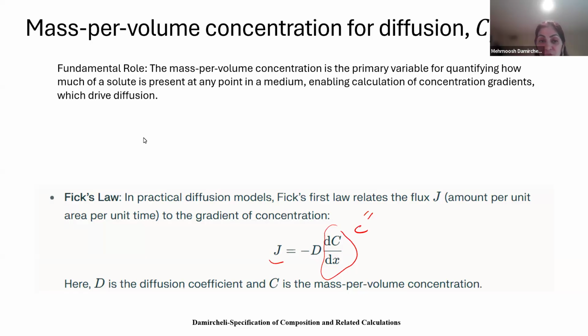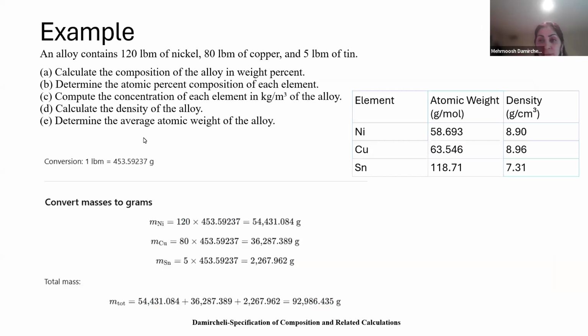So what is the unit for J? For example, it should be kilogram per meter squared per second.